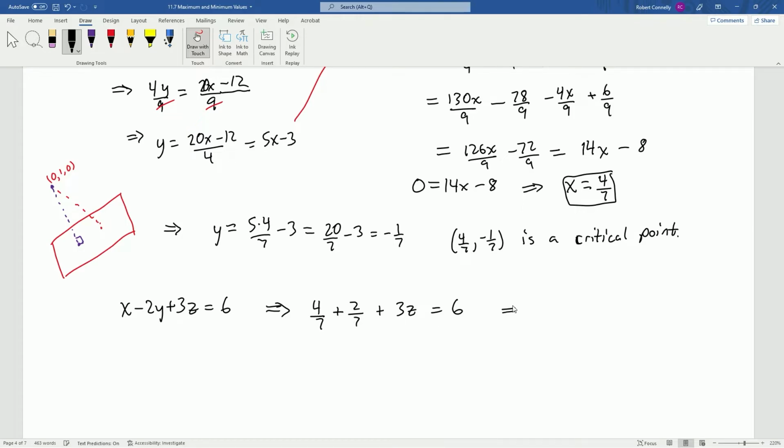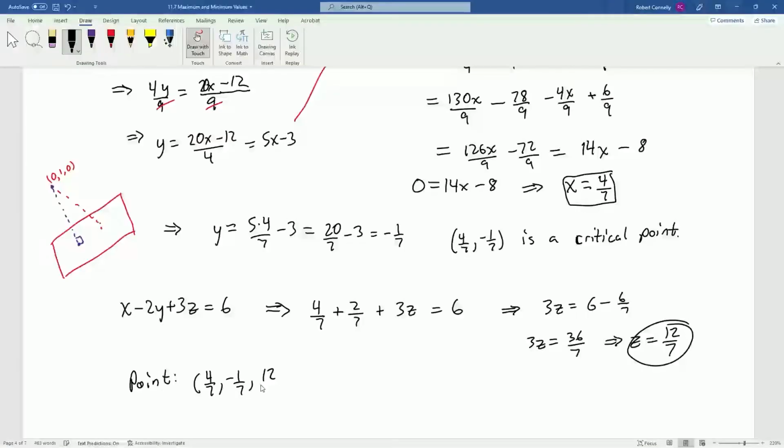So this gives us 3z equals 6 minus 6/7. 6 times 7 is 42, so this is 42/7 minus 6/7. That's 36/7. So 3z equals 36 over 7. And now if I divide by 3, I get z equals 12 over 7. So the point that is closest on the plane is 4/7, negative 1/7, 12/7.